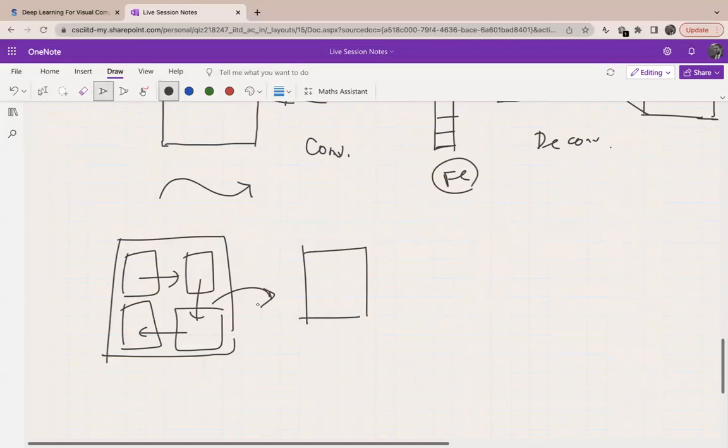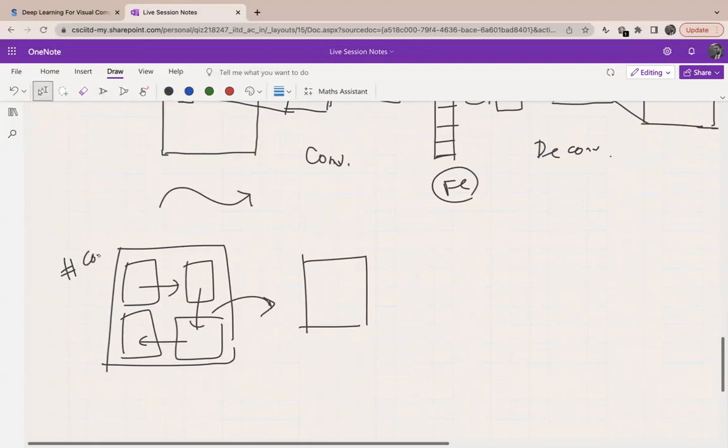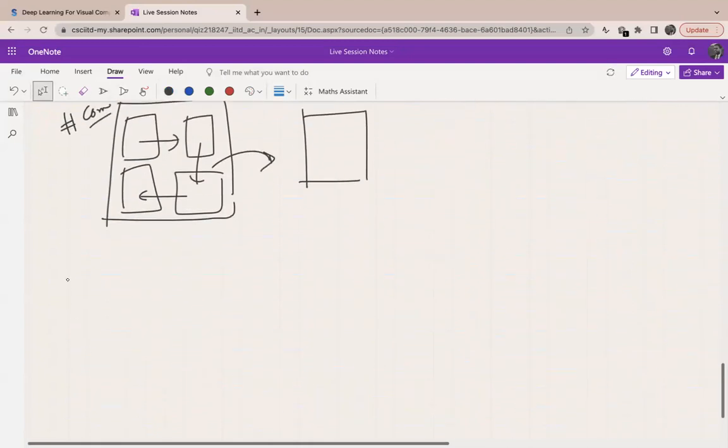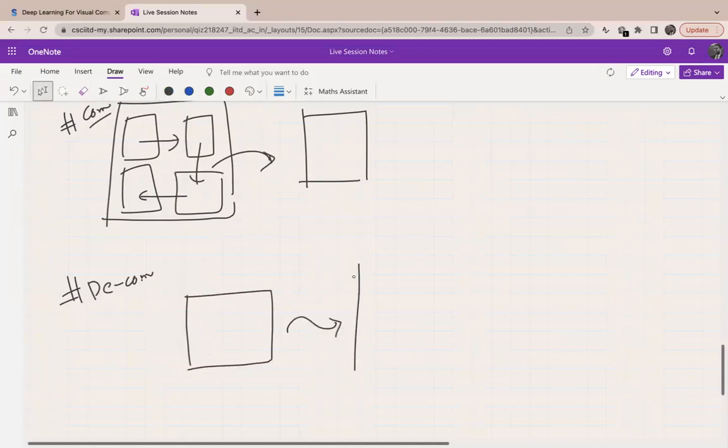But when we do deconvolution, here is the smaller image, and we need to go from this to a bigger image.